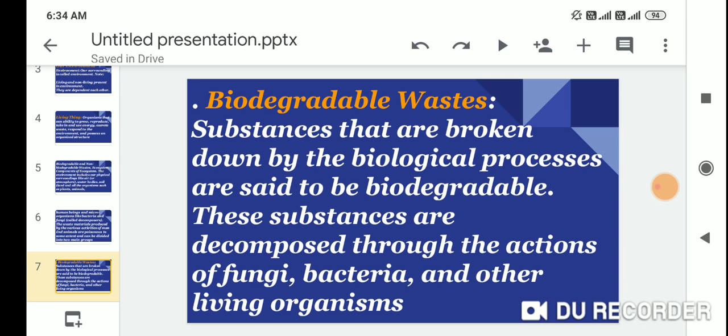Biodegradable waste consists of substances that are broken down by biological processes. These substances are decomposed through the actions of fungi, bacteria, and other living organisms.